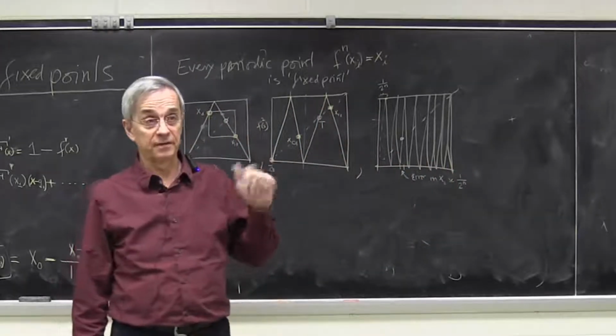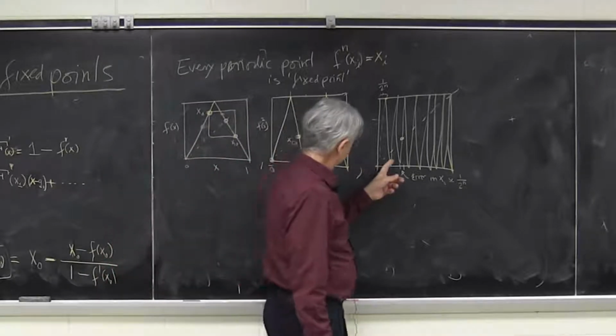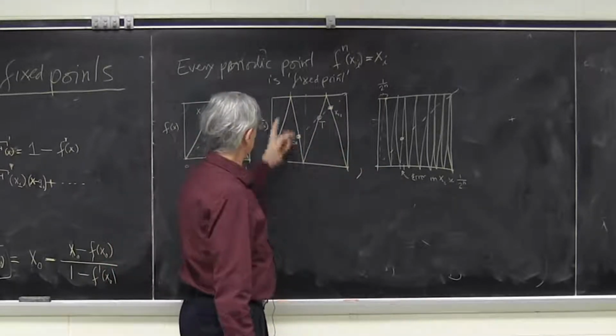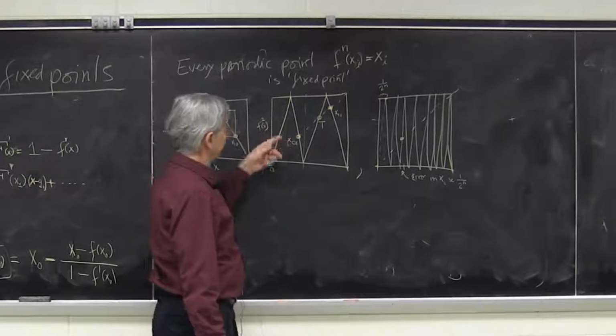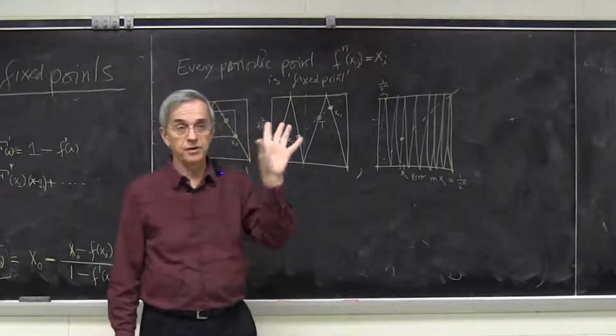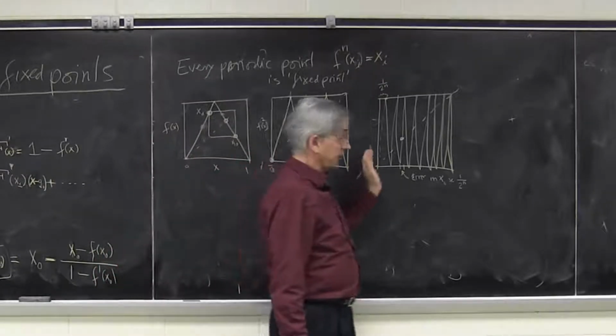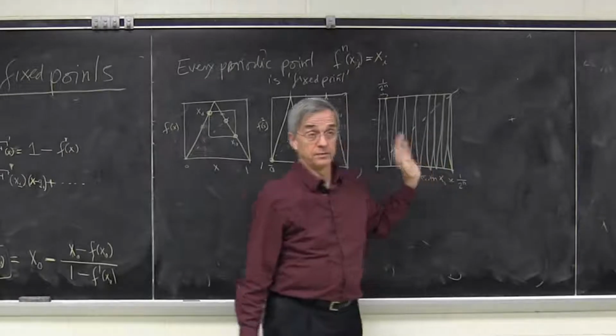So that's the first part. But the story is much worse, because the longer a cycle is, every time you come back, you get multiplied by some stretching rate because this map is unstable. So your orbit gets exponentially unstable.